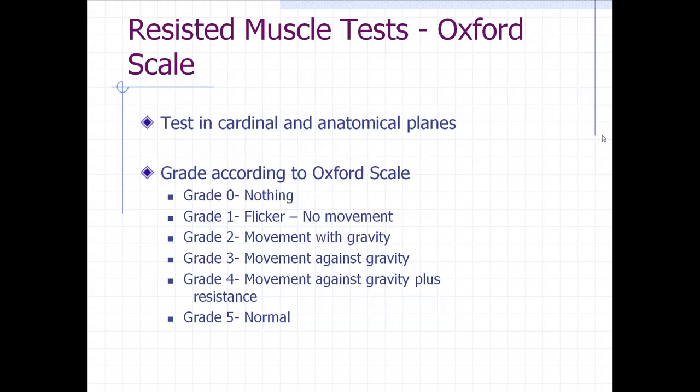At the shoulder girdle, we would assess all of the anatomical movements of elevation, depression, protraction, retraction, and the ability for it to medially and laterally rotate. At the glenohumeral joint, we will be looking at flexion, extension, abduction, adduction, and medial and lateral rotation.